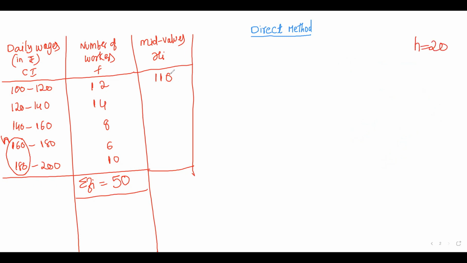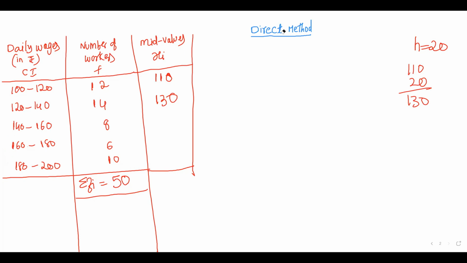So by adding the size of the class, you will get the next mid value, that is 110 plus 20, 130. 130 is the next mid value. You can check, 130 is in between 120 and 140, in the middle.